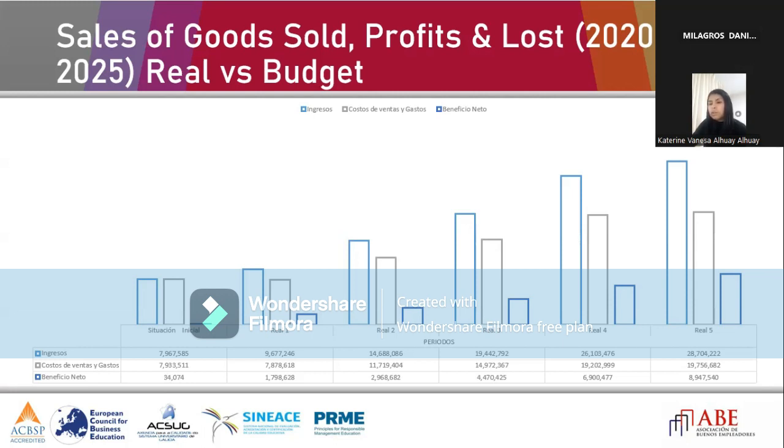And finally, we can see the benefit here, 34,074,000. And we can see a variation in real 1, 2, 3, and 4, and in real 5 it's an amount around 8,947,540. Next, please.